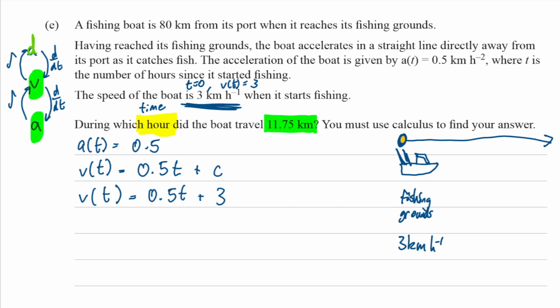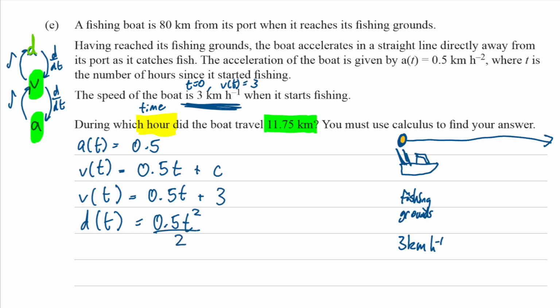What's next? Finding the distance equation, or displacement. The distance equation is the antiderivative of the speed equation. Like before, the antiderivative of 0.5t is 0.5t squared, where we add 1 to the power and divide by that new power.